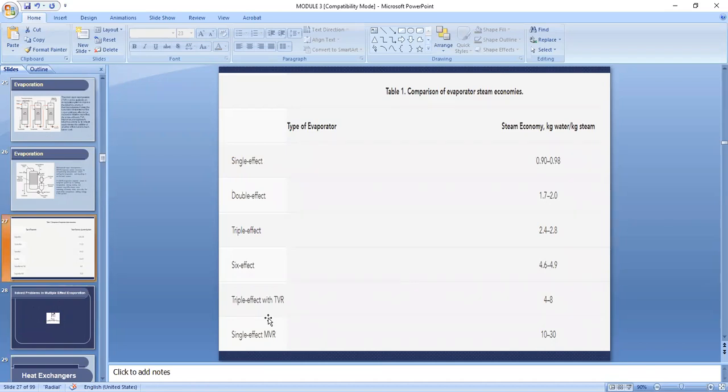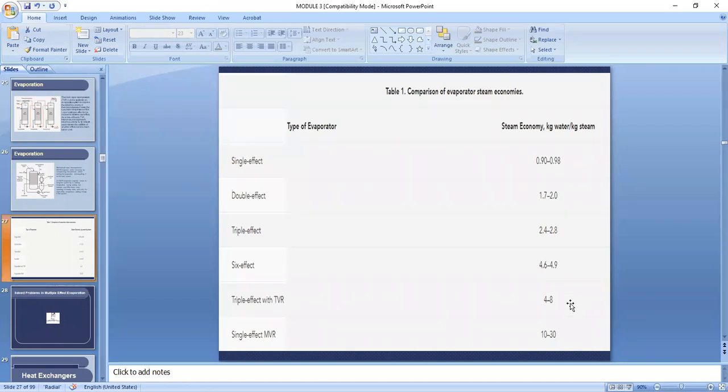By the way, wait. 10 per 30, so that would be 0.3 only. No, that's small. You're going to ask me, this one is bigger. I stand corrected. It's the triple effect. This one is single effect. The triple effect with TVR capitalizes more on the energy content of the steam.